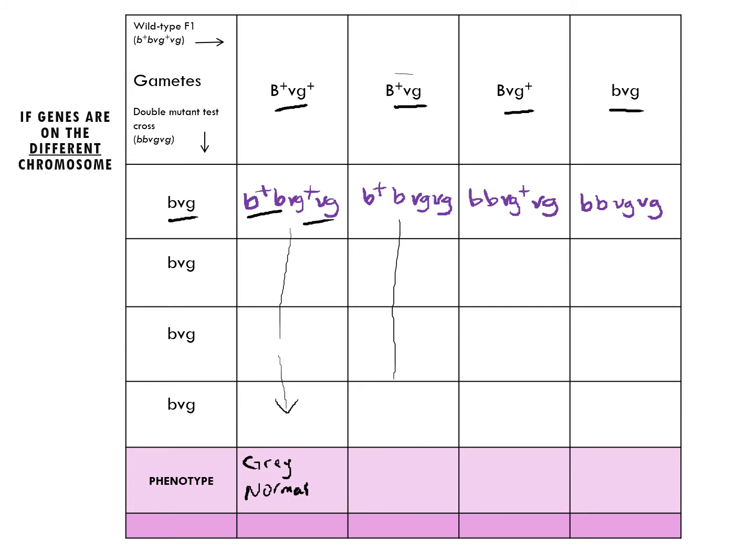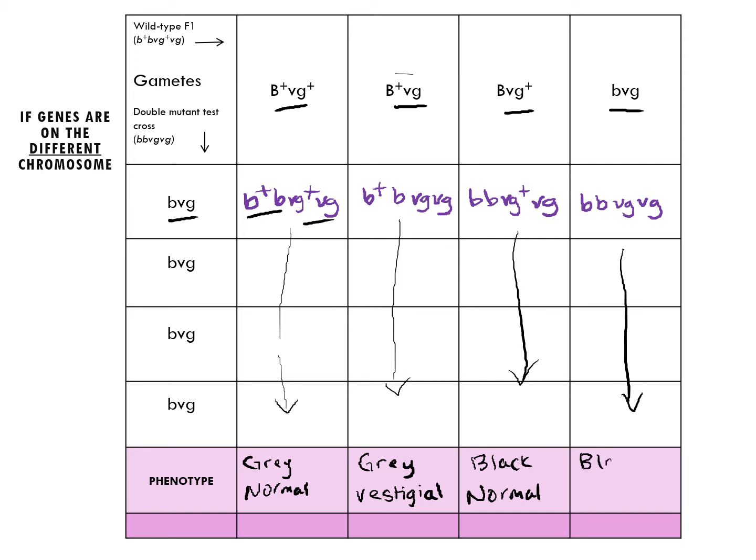Okay, the next one would be gray as well, and it would have vestigial wings. Okay, next one is going to be black with normal wings, and then the final one is going to be black with vestigial wings. So we end up with a 1 to 1 to 1 to 1 ratio in that F2 generation.